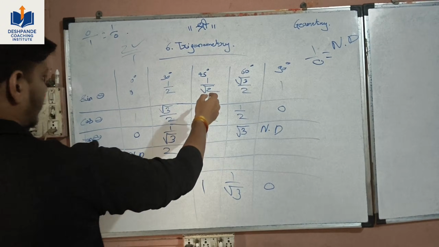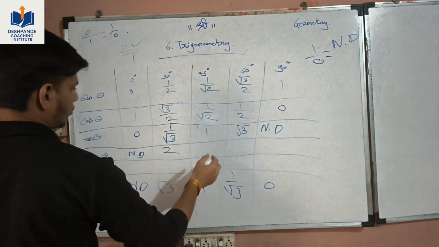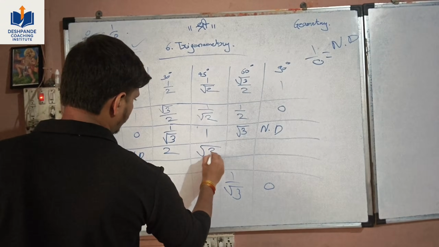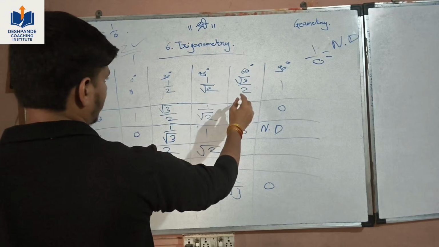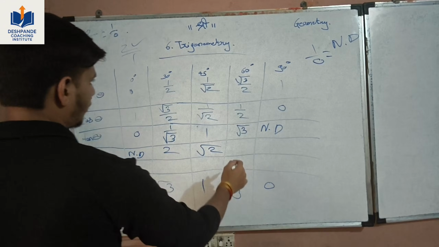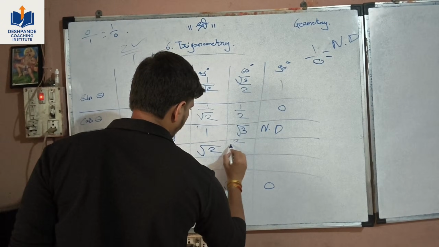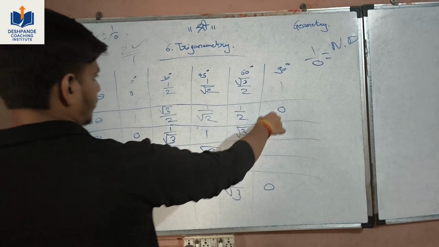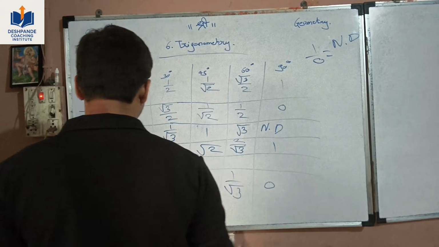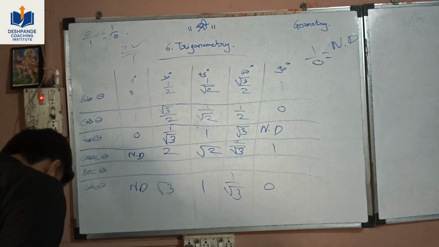At 45 degree it will be 1 upon root 2. So we have to write just root 2. Then at 60, here it is root 3 upon 2. So we have to write 2 upon root 3. And 1 upon 1 is equal to 1. This 1 will be as it is.